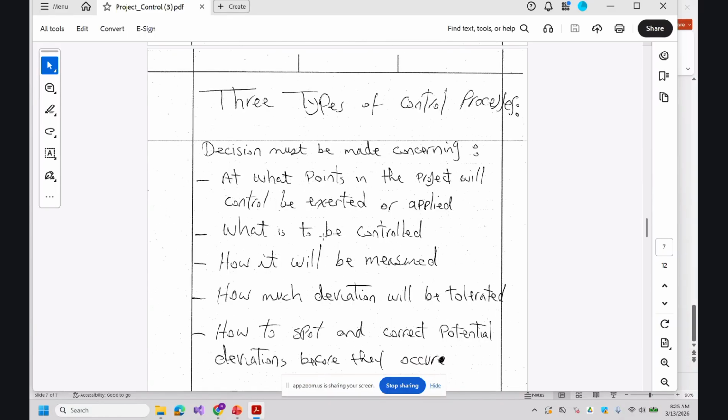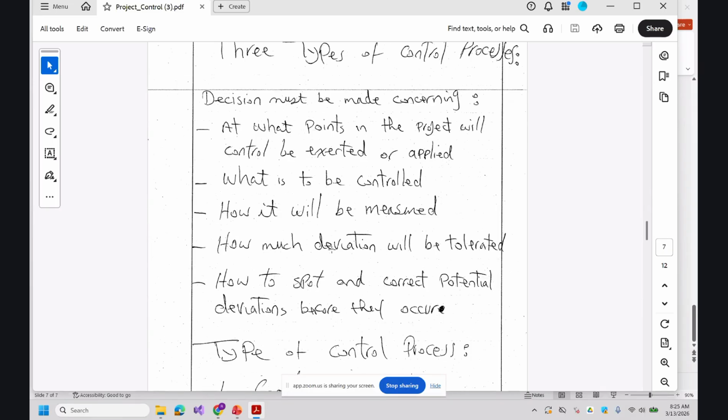So to do all this, there are three types of control processes. You must make a decision concerning at what stage, at what point in the project control will be exerted or applied, what is to be controlled, how it will be assessed or measured, and how much deviation will be tolerated.